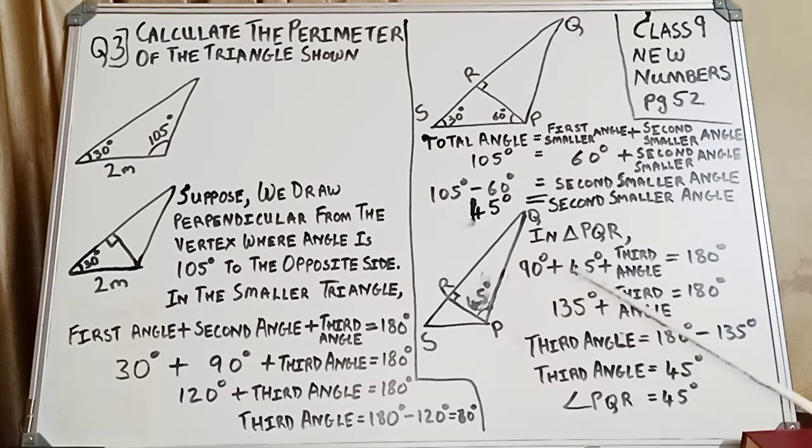If we add 90 plus 45 we get 135. When 135 goes to the opposite side of the equal sign, it becomes minus. So 180 minus 135 gives the third angle as 45. That is how we have got PQR as 45. So now this is 90 degree, this is 45 degree and this is 45 degree.